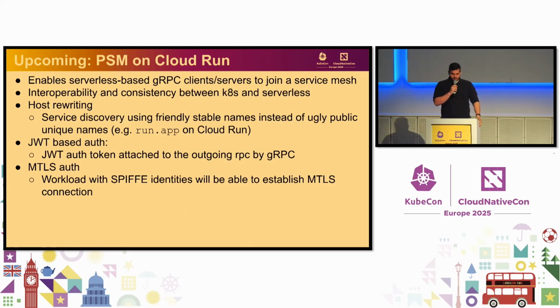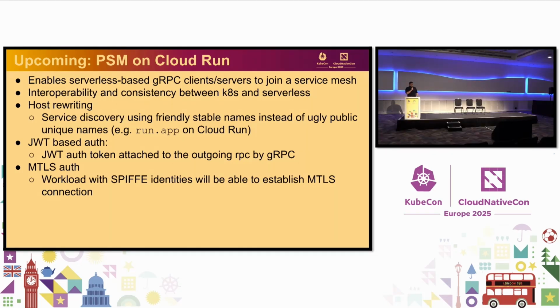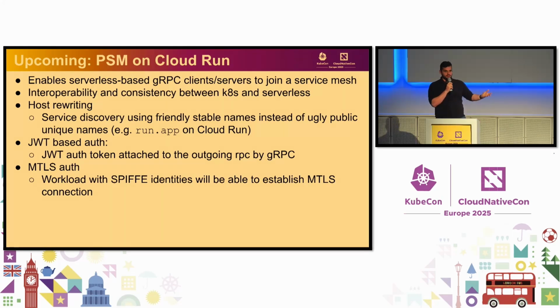So, the first thing I'm going to talk about is a bundle of features that have been driving towards proxyless service mesh on Cloud Run, a serverless platform. Service mesh operators generally don't run on just Kubernetes, whether they like it or not. Feature teams in their organization often run workloads on various serverless platforms as well, such as Google Cloud Run.